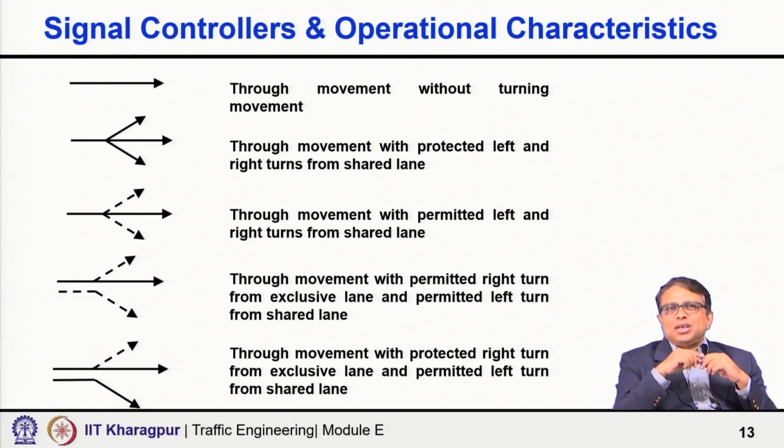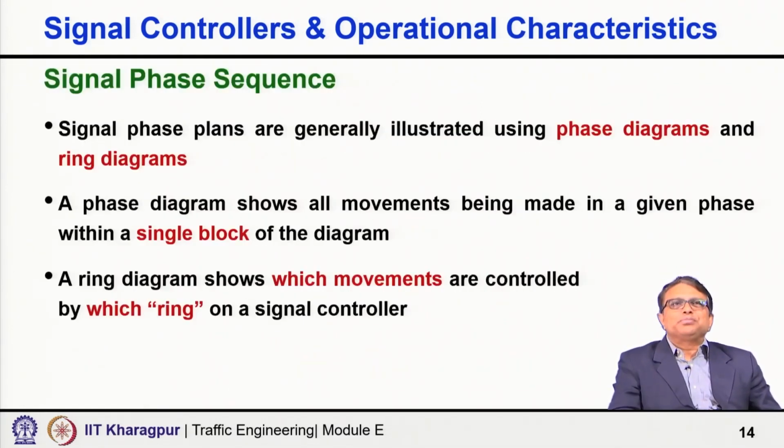Fourth case, straight and left happening from one lane, a shared lane, and right happening from another, exclusive lane, where right is permitted. In the shared lane, left is permitted. In the last one, there is a separate lane for right, which is protected, and shared movements for left and straight, where left is permitted. So, all different combinations are possible.